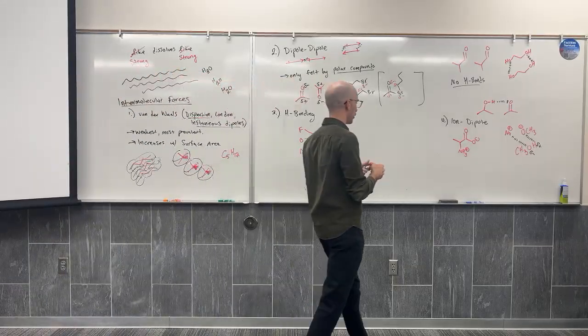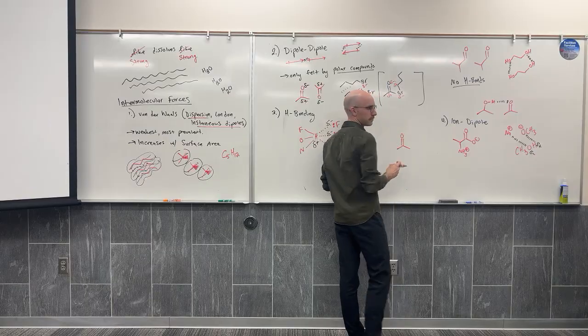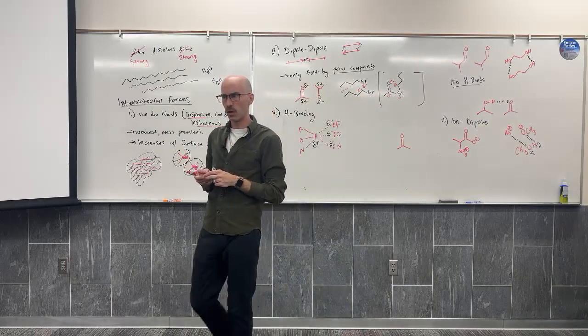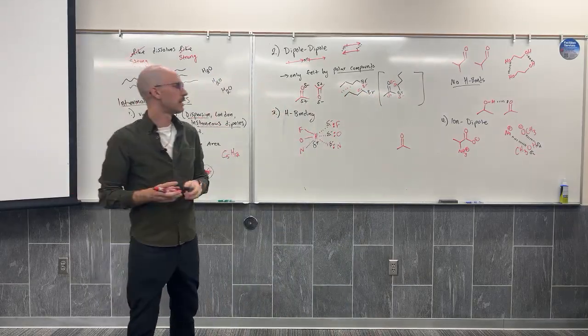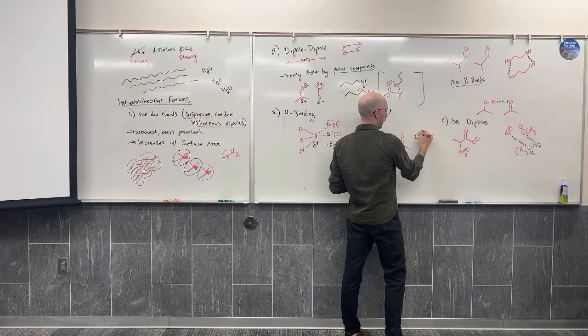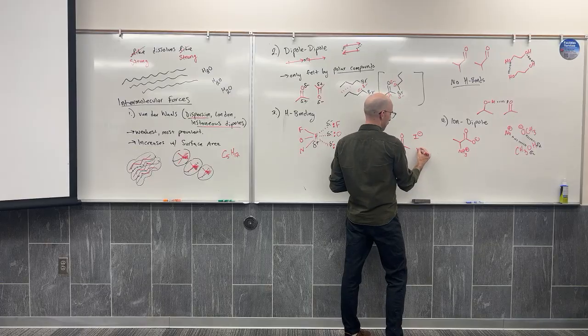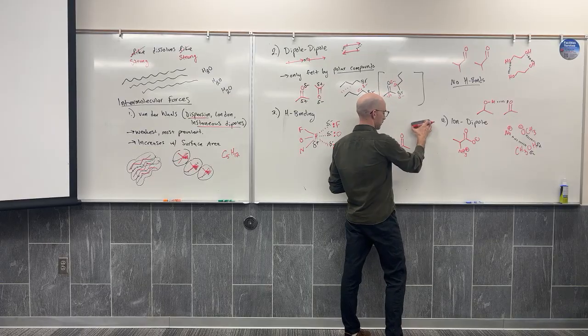One more that I want to show you. Acetone. Acetone's a great solvent for a lot of different stuff. If we take acetone, we can introduce it to salts like potassium iodide. I've got that shown wrong.